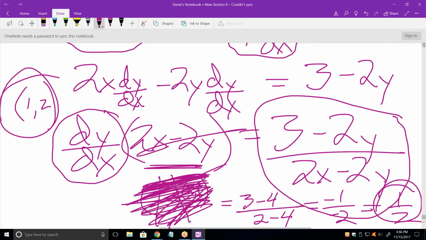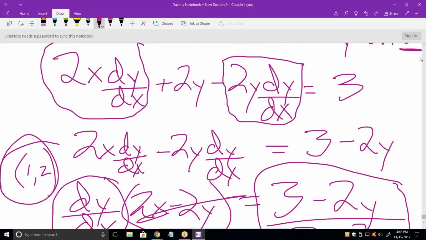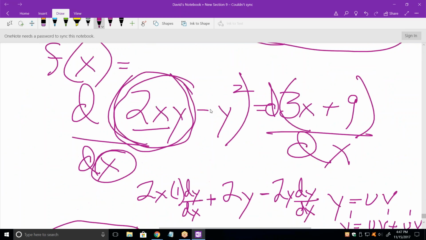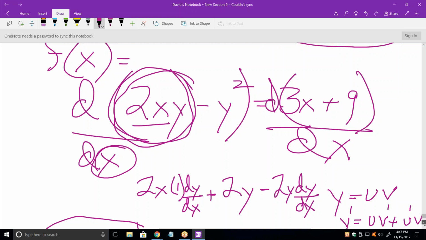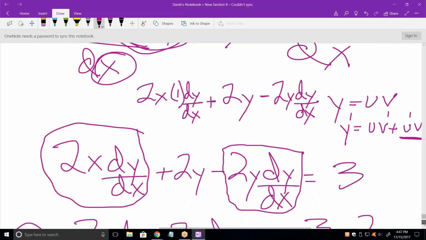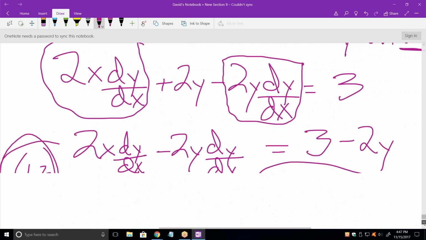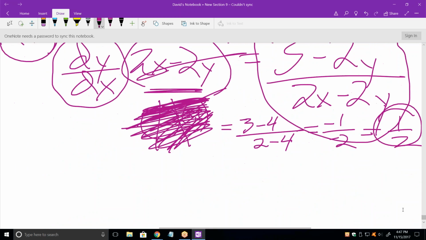In other words, if I were to open up Wolfram Alpha and graph the original equation, it would show me something where if I looked at the graph and wanted to estimate the tangent line at (1, 2), it's whatever I got, 1/2.